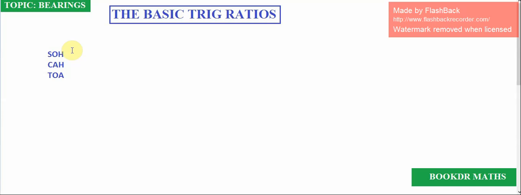Remember that in a right angle triangle, it is only the hypotenuse that is fixed. The adjacent and the opposite are named based on the acute angle we are referring to. But as for the hypotenuse, it is always the hypotenuse.